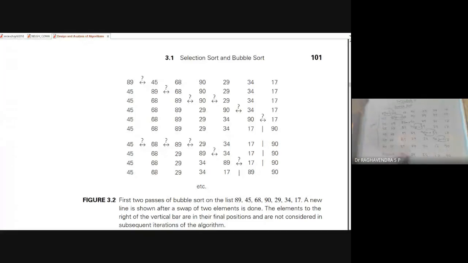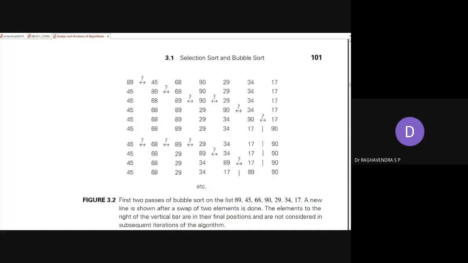Jump to the next position, which is also sorted, but here 89 and 29 are out of order, so you swap: 45, 68, 29, 89, 34, 70, 90. Again the adjacent elements are out of order, so 89 and 34 are swapped. Then we have 70 and 90.